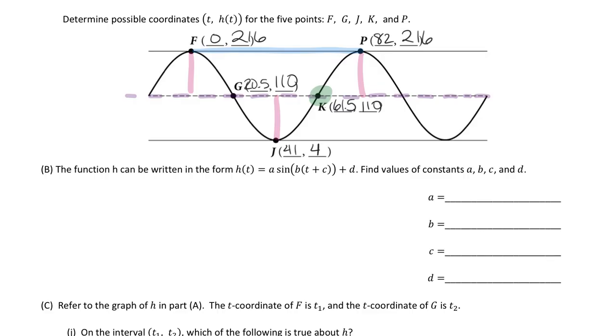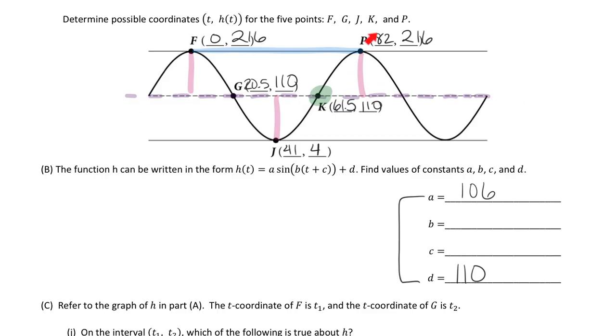If you can give me the vertical transformations, which are A and D, that's a point. What's our midline here? 110. The amplitude would be... Yeah, 110 is our midline.